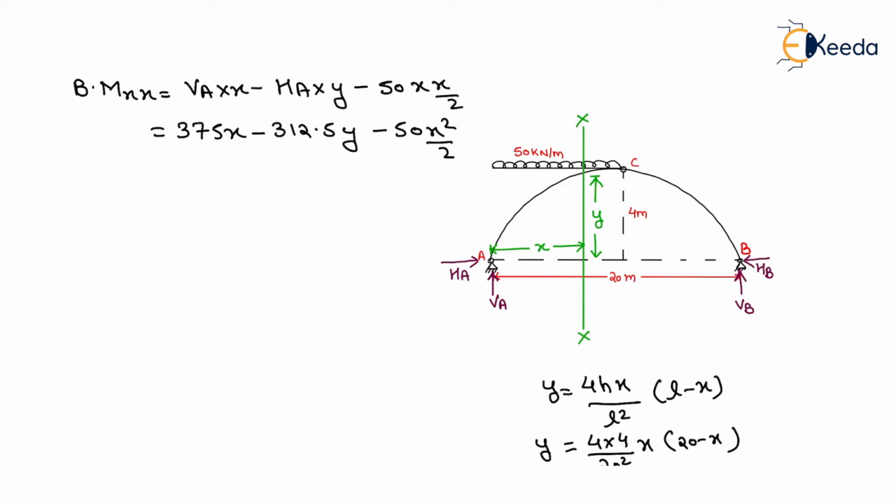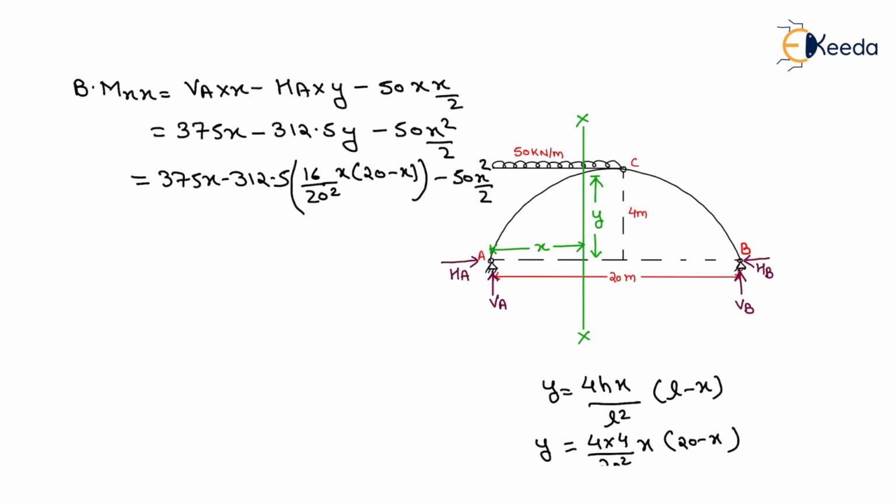So we put this value of y in the equation, that is 375x minus 312.5 into, in bracket, 16 upon 20 square into x into (20 minus x), minus 50x square by 2.